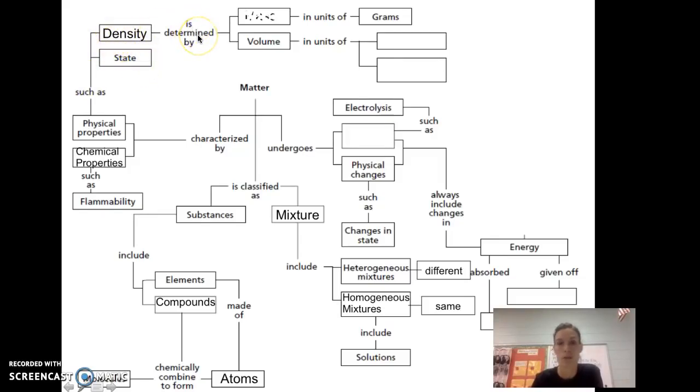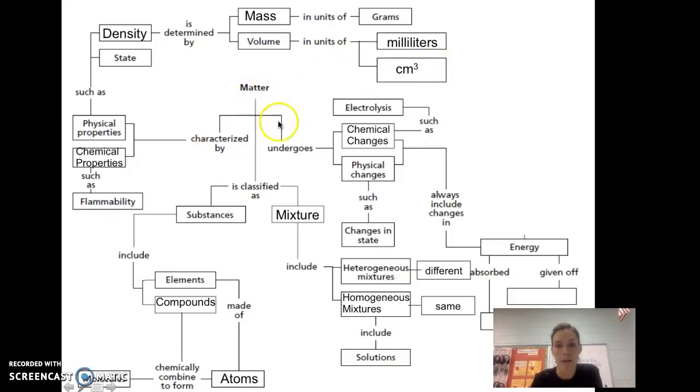Density is determined by mass and volume. You actually divide here, mass divided by volume. Mass is going to be in grams, and volume is either in milliliters or cubic centimeters. Those are equivalent to each other. We just write them differently depending on if it's a solid or a liquid, typically.